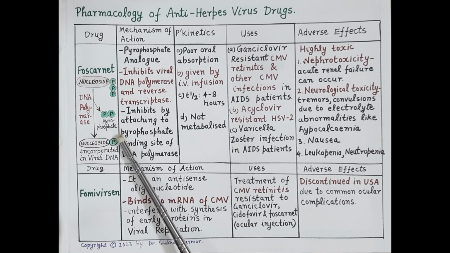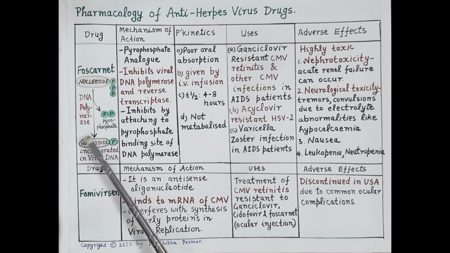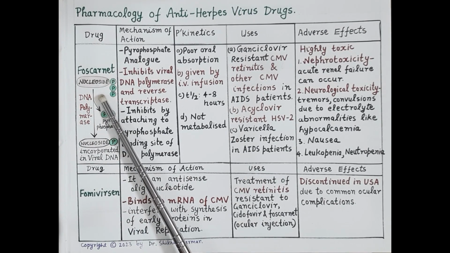Now, let's assume that there are 2 arms of the DNA polymerase. With one arm, DNA polymerase picks up the nucleotide and incorporates this nucleotide in the elongating template of DNA. And with the other arm, DNA polymerase picks up the pyrophosphate that is released.